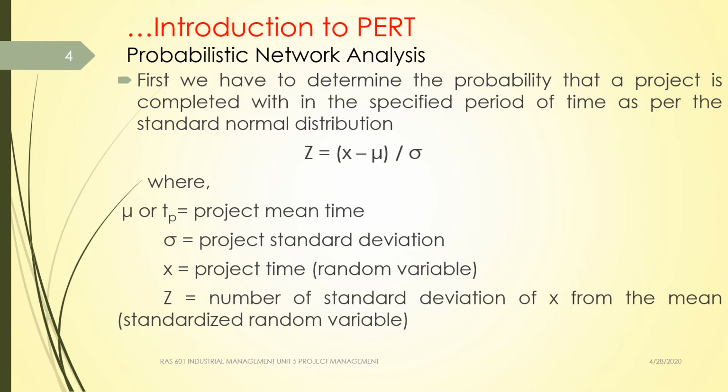X can be replaced by x_ij, where ij is the activity between node i and j, and z is the number of standard deviations of x from the mean.